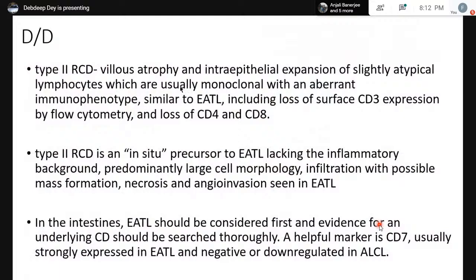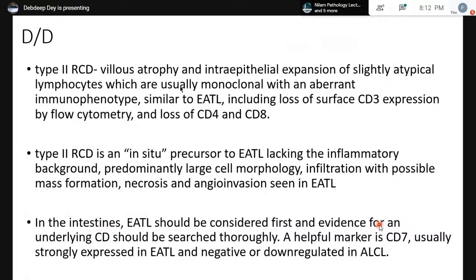Now, type 2 refractory celiac disease is a differential diagnosis of this EATL. It presents with villus atrophy and intraepithelial expansion of slightly atypical lymphocytes, which are usually monoclonal with an aberrant immunophenotype.